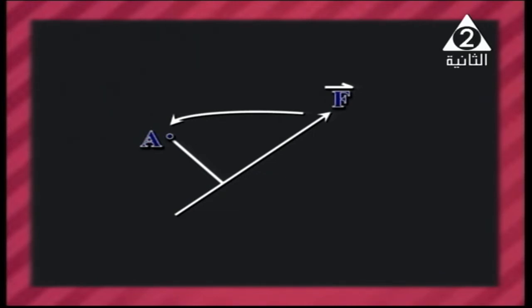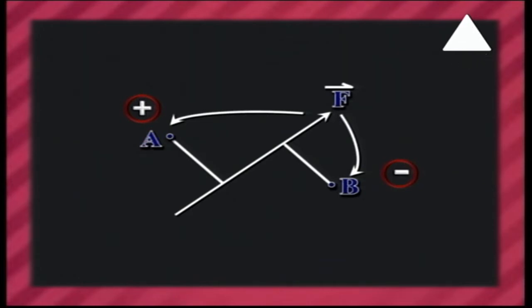The moment of F about the point anti-clockwise is positive. But if we have another point B, then the algebraic measure of moment is negative. Why? Because its direction is clockwise.